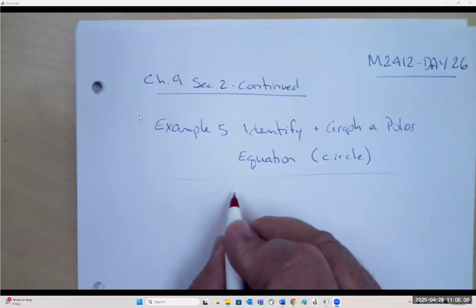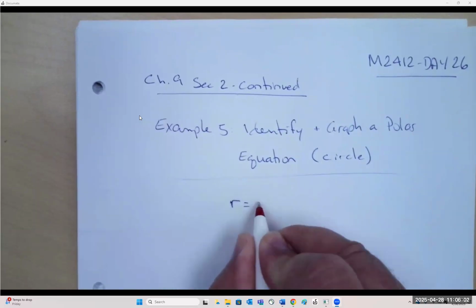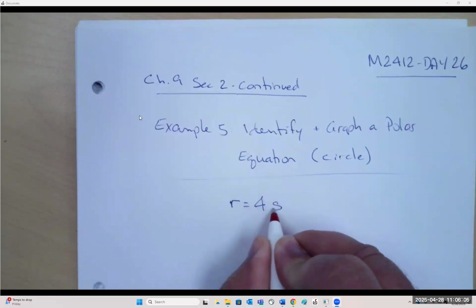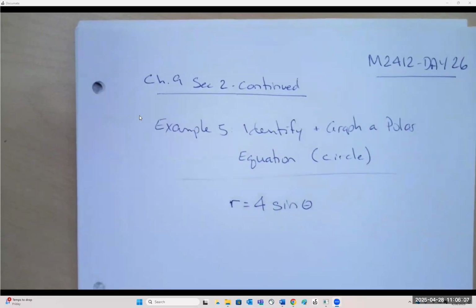Okay, so in this example, we're given r equals 4 sine theta.